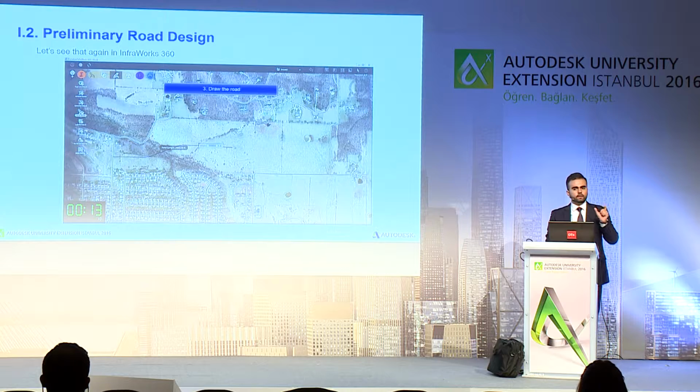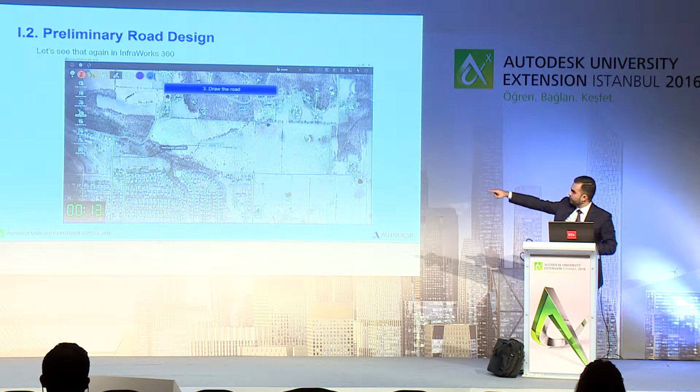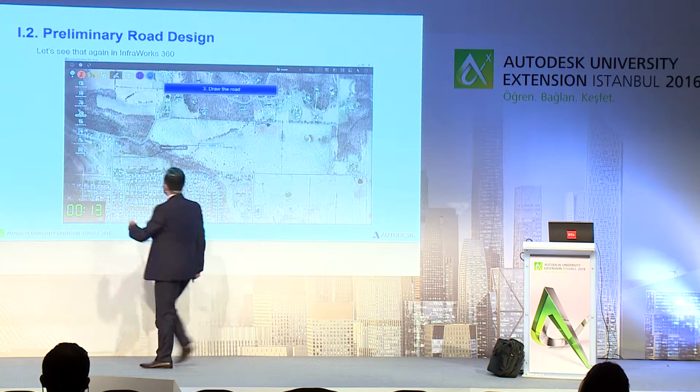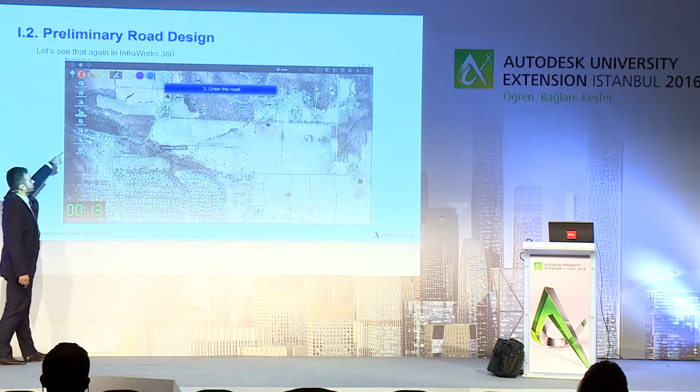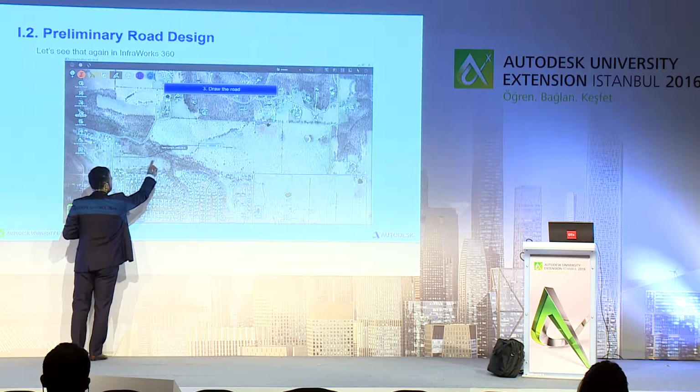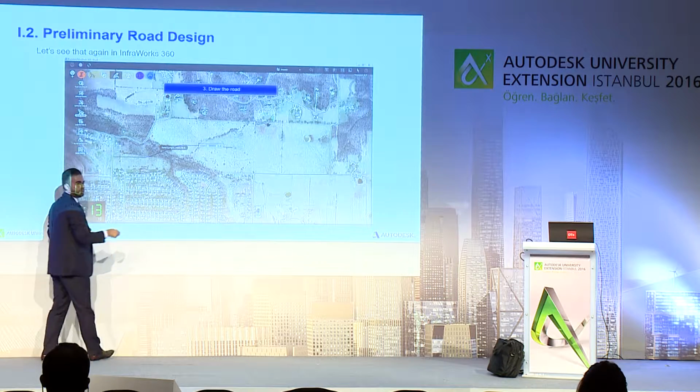We can also specify the design speed, and that design speed will limit the horizontal and vertical curvature of the road. So it's not like sketching things, it's basically designing things in 3D. Once we selected the road style, for example here a local road, which is limited to 45 kilometers per hour, as we sketch the road, it gives us direct feedback on whether this is allowable as per the standard or not.